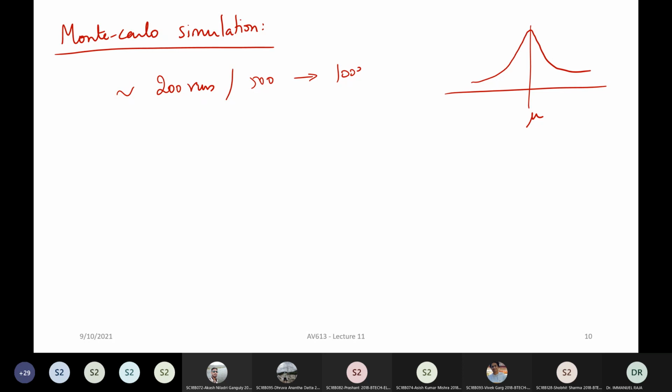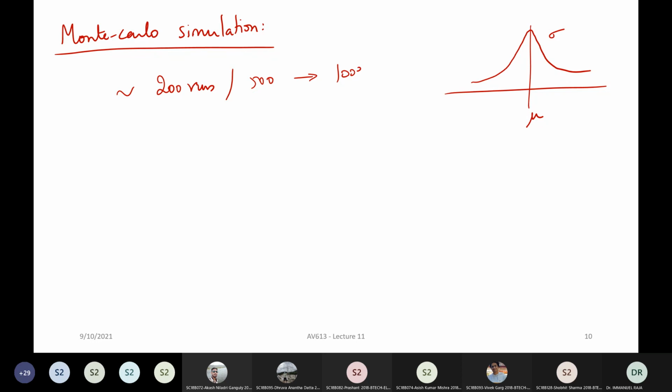Let's say this is your mu VTH and there is a certain sigma. Now every time you run this simulation, it's going to pick a pair of points within this Gaussian curve. Randomly it will pick points and you'll run it, let's say 200 times or 500 times or 1000 times, however many runs you give. Now this kind of mimics what you would get after fabrication.